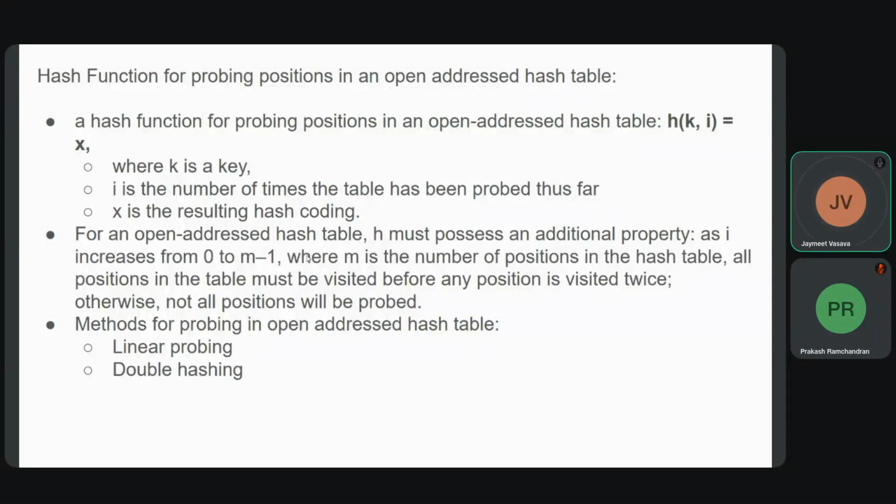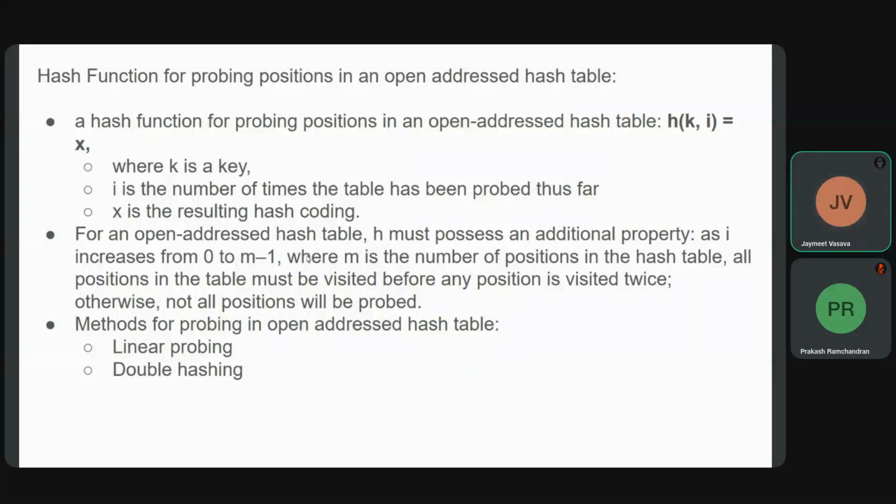For an open address hash table, h must possess an additional property: as i increases from 0 to m minus 1, where m is the number of positions in the hash table, all positions in the table must be visited before any position is visited twice. Otherwise, not all positions will be probed.